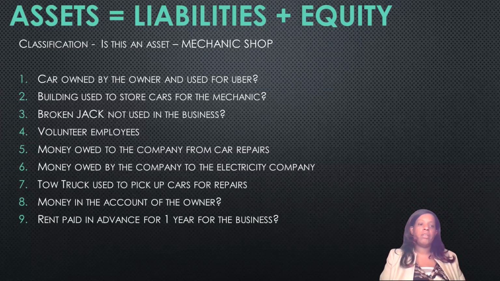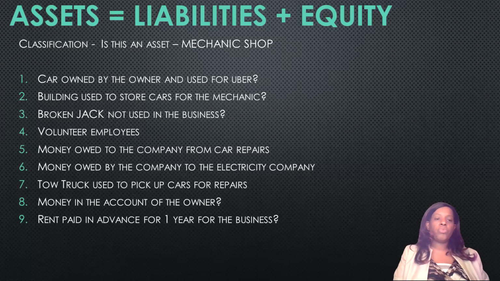What are we looking at? The broken jack. Volunteer employees, what are we looking at? Employees. Money owed to the company from car repairs. What are we looking at? Money owed. Money owed by the company to the electricity company. What are we looking at? Money owed.